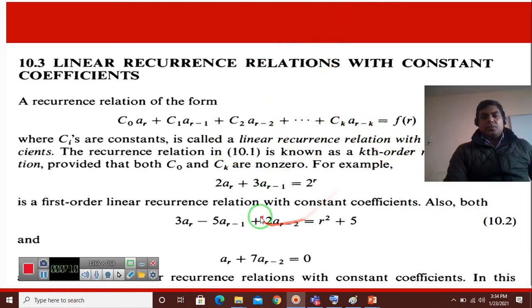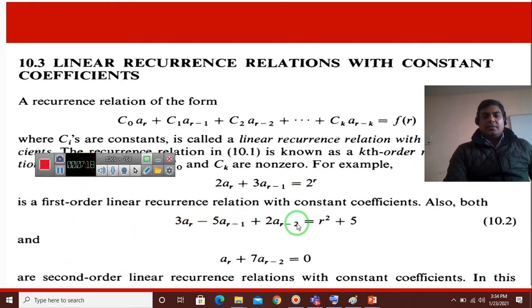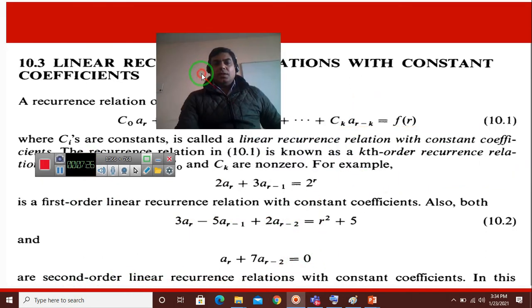Now in this recurrence only 1 is the highest number being subtracted, so it is a first order recurrence relation, and in this recurrence 2 is subtracted, so it is a second order linear recurrence relation. Okay, so in this f(r) is a function of r.